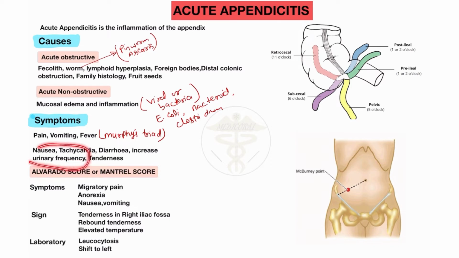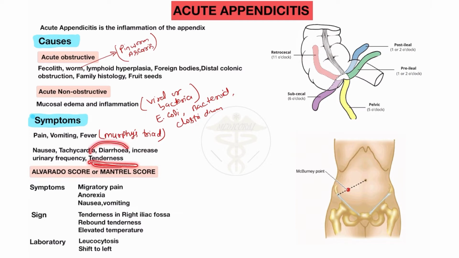So urinary frequency increases when it compresses the urinary bladder. And when it irritates the ileum, the last part of the intestine near the cecum, it also causes diarrhea.